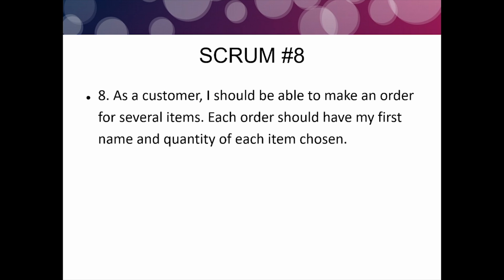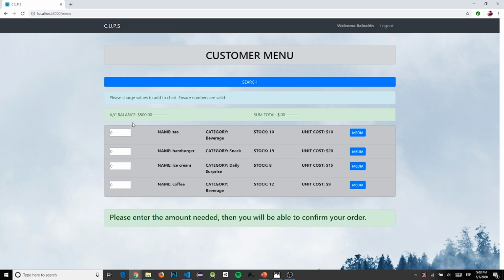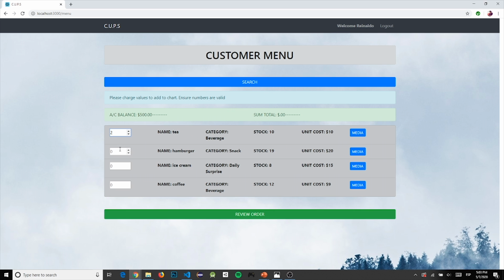Scrum requirement number 8 states that I should be able to make an order for several items. Each order should have my first name and quantity of each item chosen. So let us say that I would like 2 teas, 3 hamburgers, 1 ice cream, and 3 coffees.